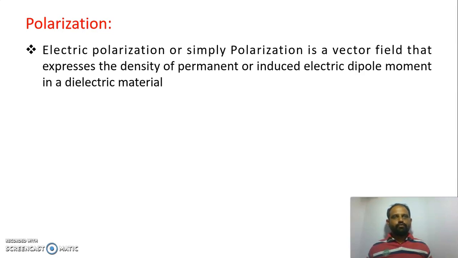So if you find the net electric dipole moment in such cases, it will be zero. Because they are randomly arranged, with the direction different in all directions, if you take the sum of those electric dipole moments, the net electric dipole moment will be zero.